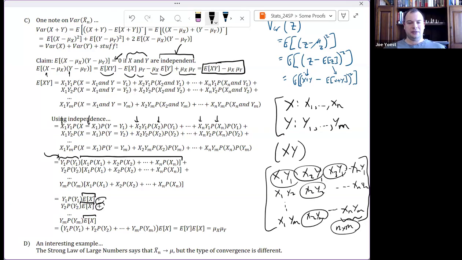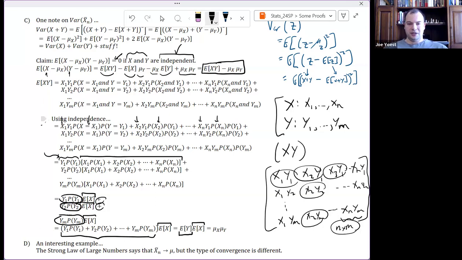But wait, I can just factor out expected value of x from everything now, leaving me with what? y1 probability of y1 plus y2 probability of y2, and so on. I actually think the algebra is pretty nice and elegant in this case. So once I factor out all of the expected value of X bits, I'm left with a string of stuff with Y's, but I recognize that this is exactly expected value of Y.